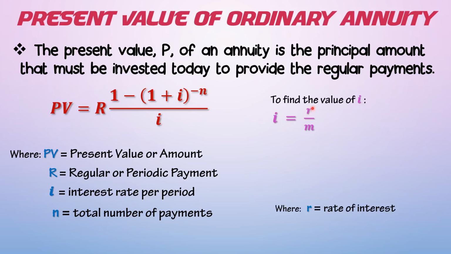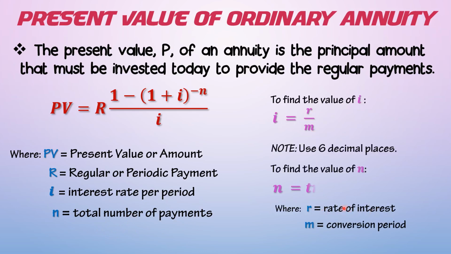I is still R divided by M, and N is T times M. So if you will notice, N here becomes negative, and instead of subtracting 1 here, you will have 1 minus. So this is what we subtract from. So that is the difference between present value and future value. So here is the 1 minus, and then you have here the negative N. So this is the formula for the present value.